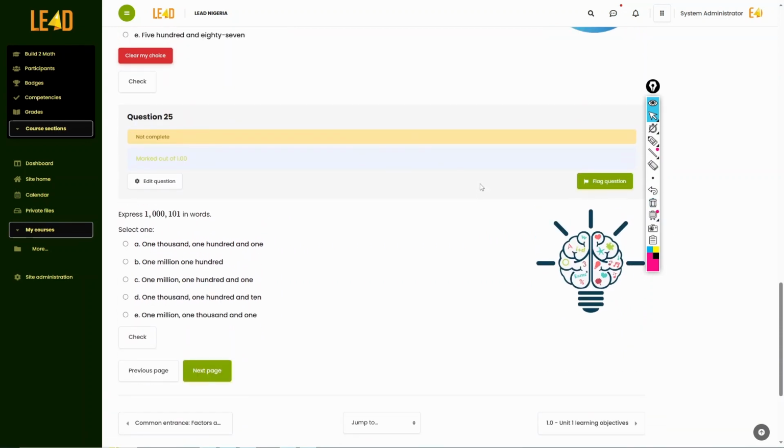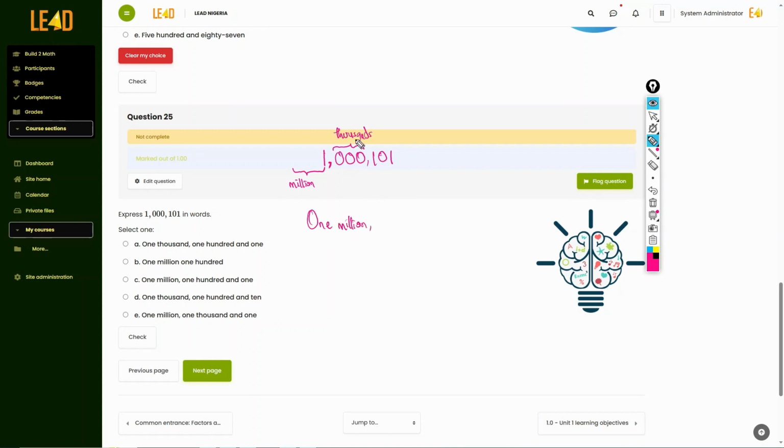Question 25, express 1,000,101 in words. So let me write that out. This group here in the middle is thousands, and then after the second comma we have millions. So it is 1 million, only 1 million.